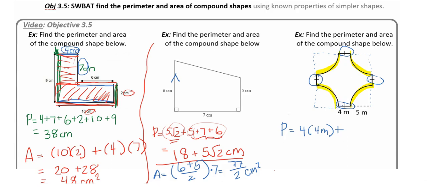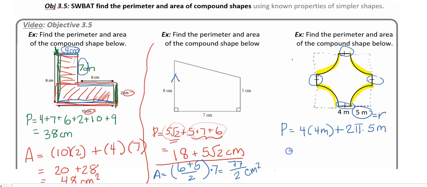Now, in this figure, those little pieces are indeed quarters of circles, and there's 4 of them. So the sum of all of these yellow portions is just the circumference of a circle. What kind of circle? Well, this tells us it's a circle with radius equals 5 meters. So the circumference of a circle with a radius of 5 meters is 2 times pi times 5 meters.